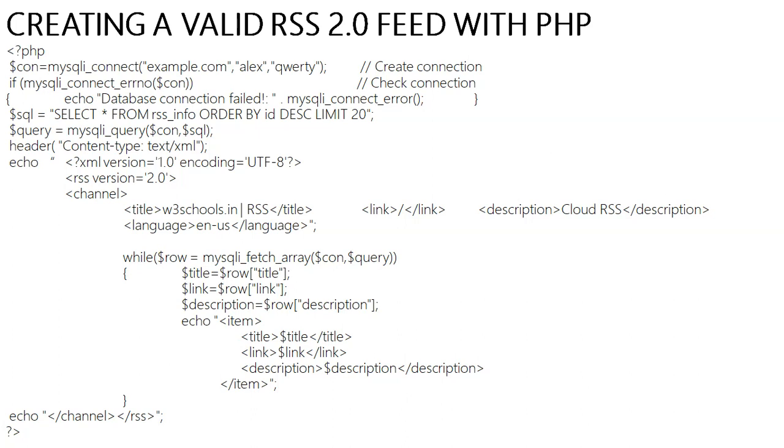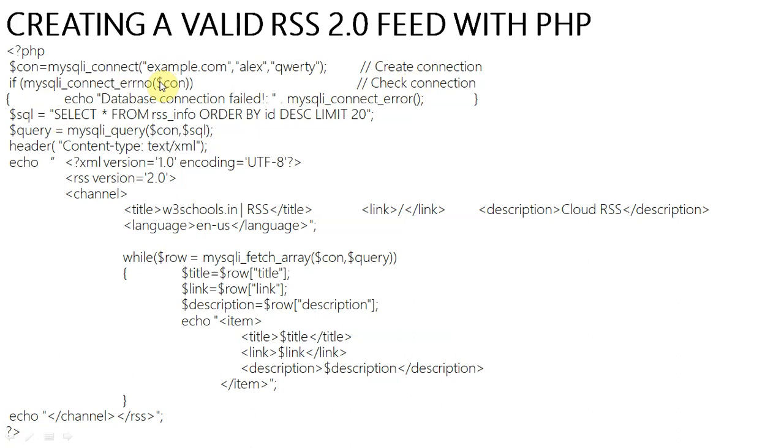This statement is used for creating the connection, and the second statement checks whether the connection is correct. If there is any error in the connection, it will display a message. So this is for checking whether the connection is accurate or not.